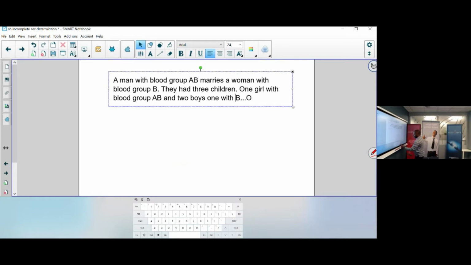One with blood group B and the other one with blood group A.